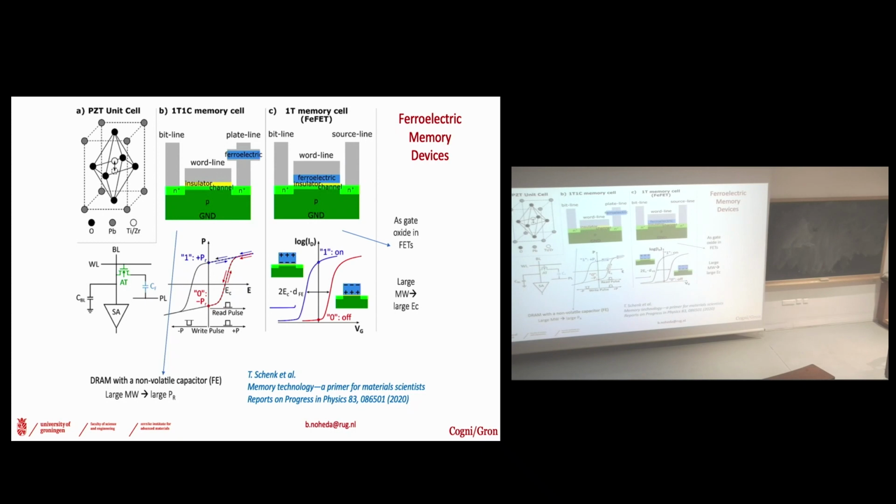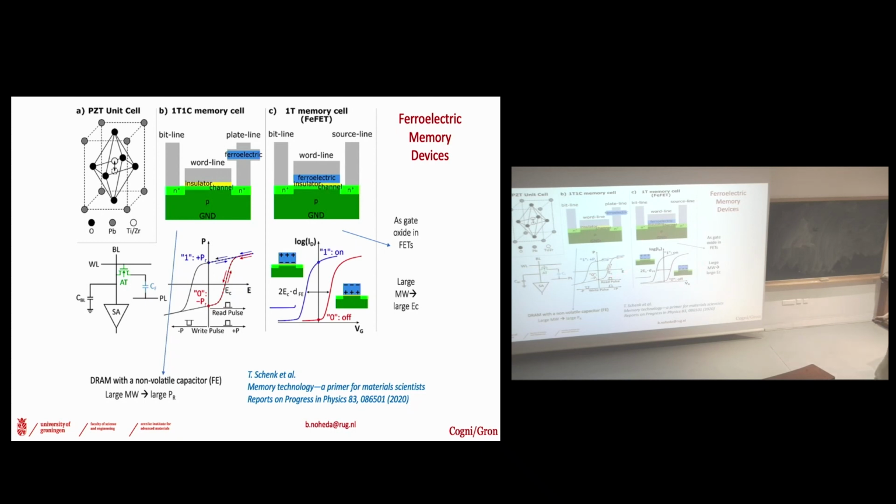But you can also use another concept, which is the ferroelectric FET, in which you use a ferroelectric at the gate of the FET. And in this case, the charge that is accumulated at the gate changes the threshold voltage. And depending if the polarization is up or down, the threshold voltage of the transistor will move to the right or to the left.